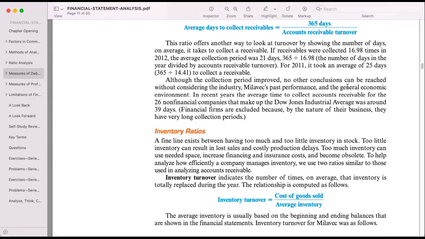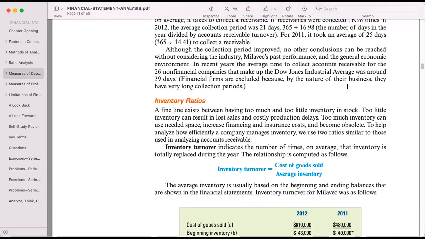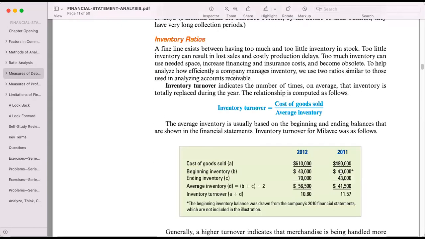So we also have inventory ratios. Inventory turnover indicates the number of times on average that inventory is totally replaced during the year. So for inventory turnover, it is the cost of goods sold, the cost of the goods sold, divided by the average inventory, which is the time you have to replace your inventory. That is the inventory turnover.